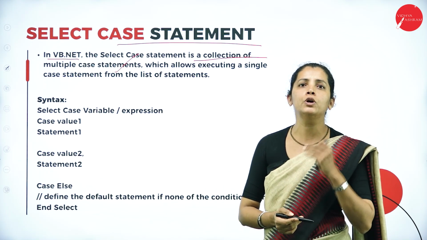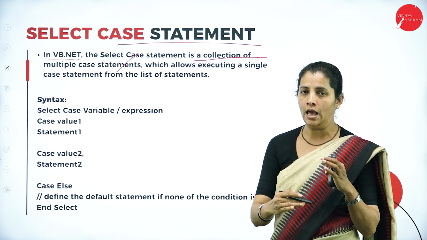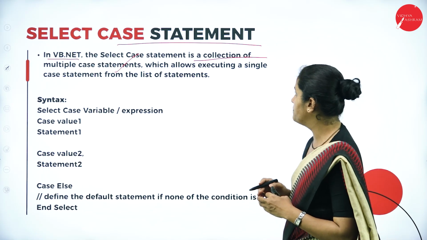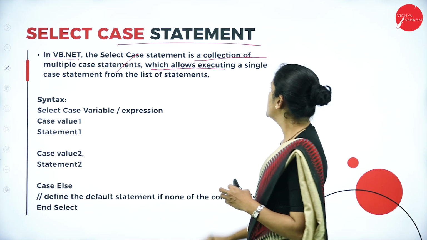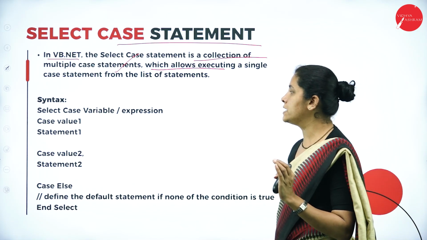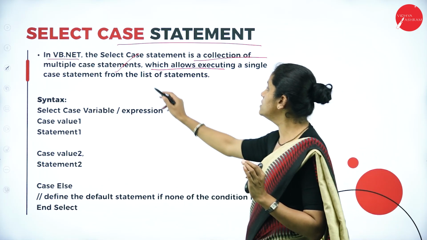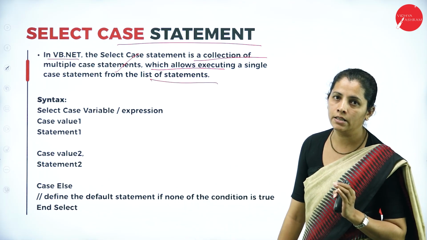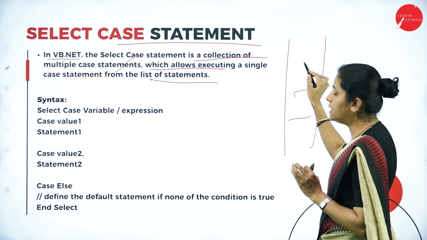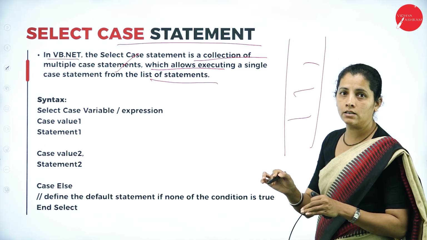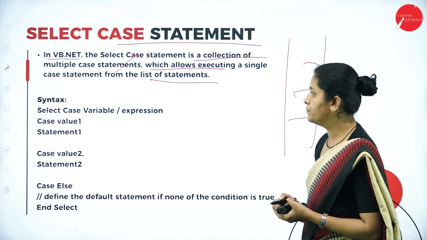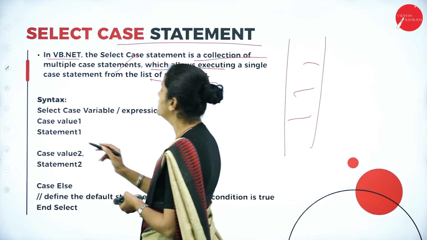In the sense, you have multiple options and you select one option at a time, which allows executing a single case statement from a list of statements. You get a list of statements, and from that you select one statement at a time.